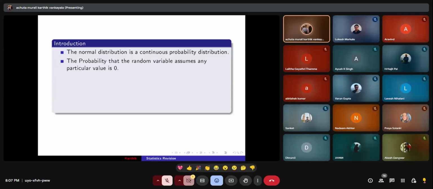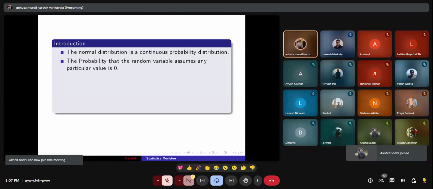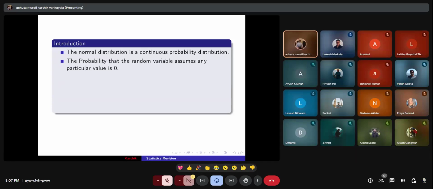By continuous, we mean that the number of values that the random variable can assume is uncountably infinite. If it is countably infinite or finite, then we say it is a discrete distribution.